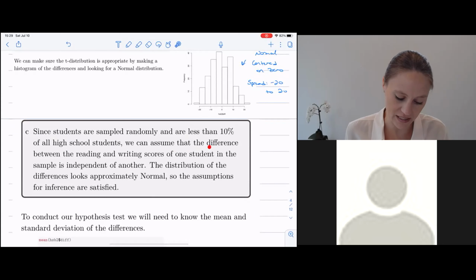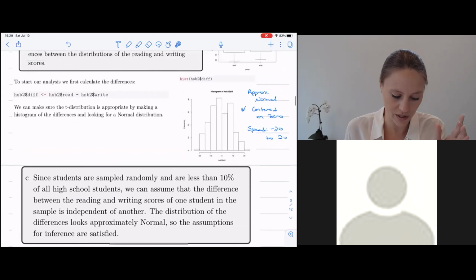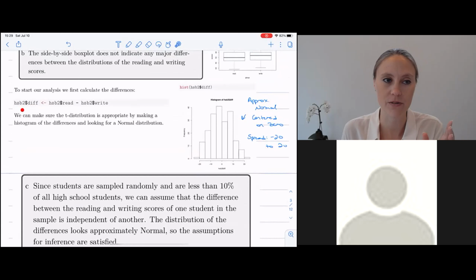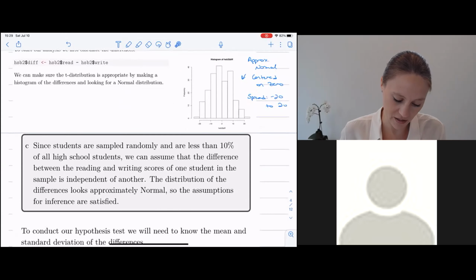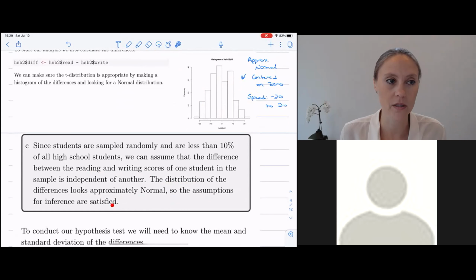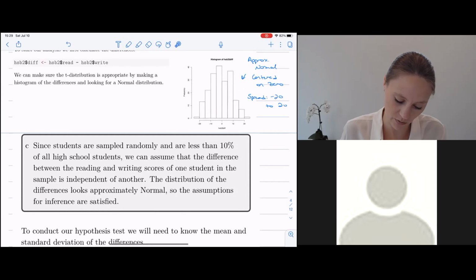Now we're talking about this one sample of differences, so that's what we need to check our assumptions around. We can assume that the difference between the reading and the writing scores of one student in the sample is independent of another. And looking at this histogram, the distribution of the differences looks approximately normal. So the assumptions for inference are satisfied, and that's what we looked at here and decided already.